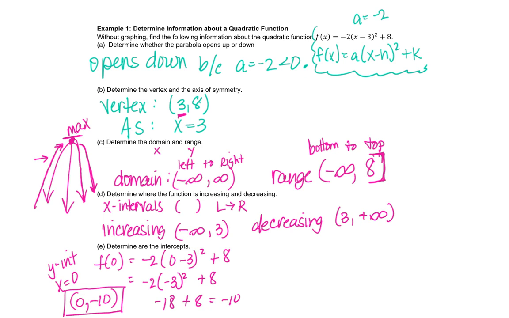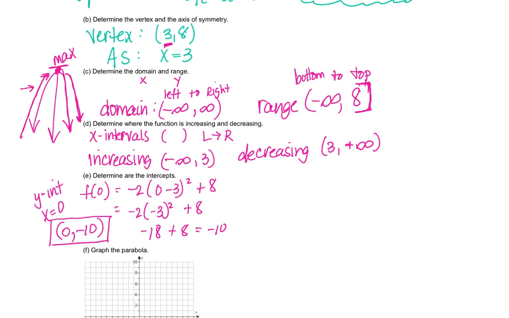Now finding my x-intercepts, that's where we're going to use the last class lesson. We're either going to factor, use the quadratic formula, complete the square, or do the square root method, okay? So this is where your function has to be equal to 0.